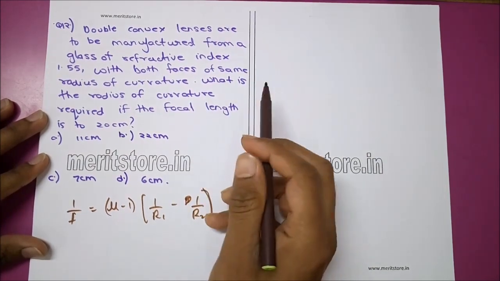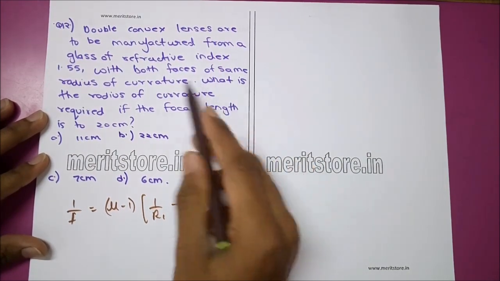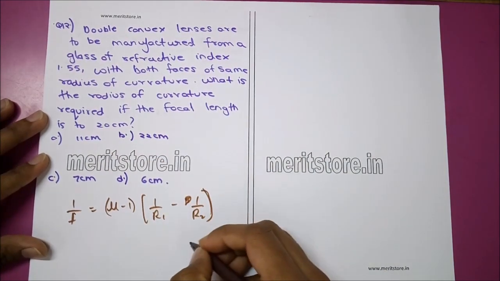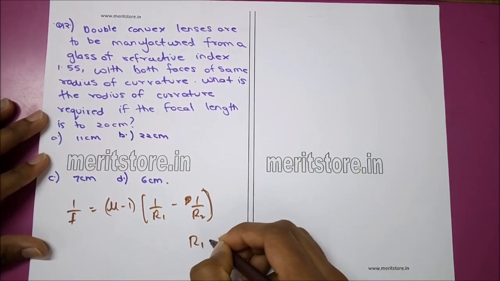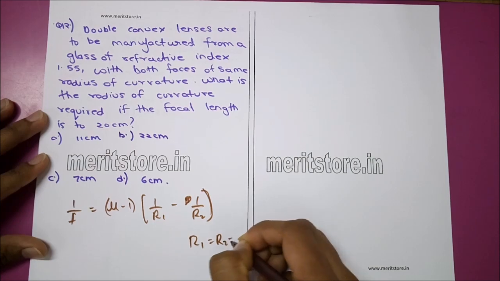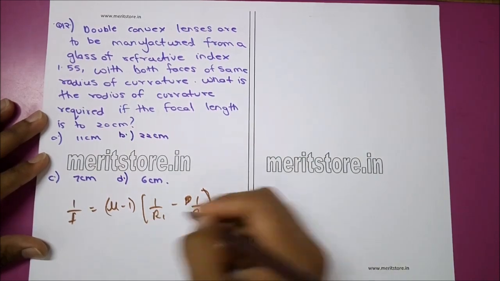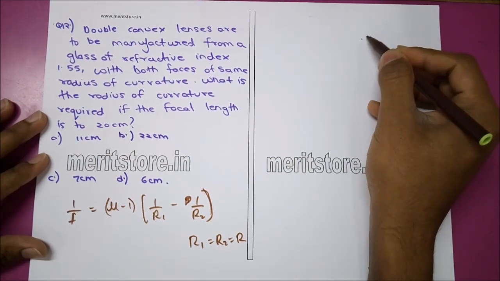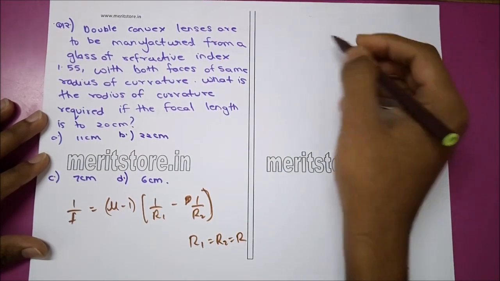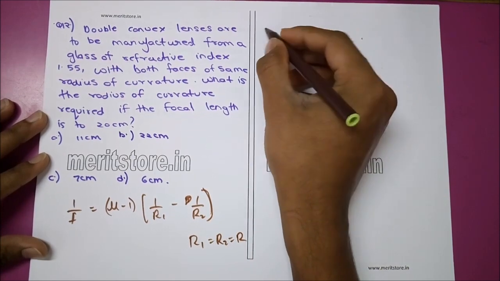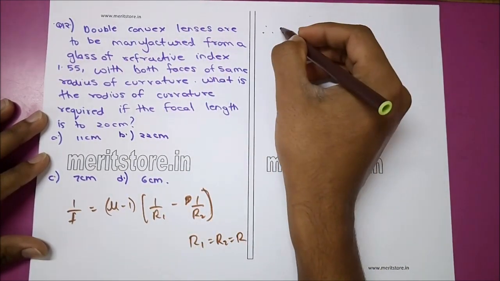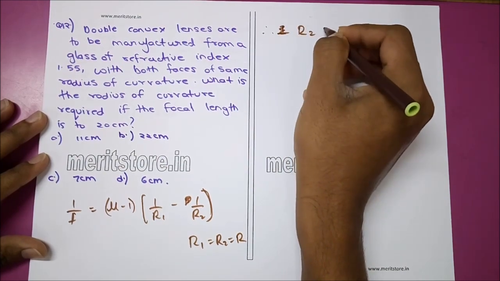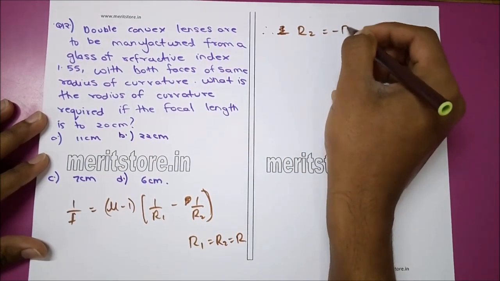Now since it's given that both the surfaces have the same radius of curvature, so r1 and r2 can be assumed to be a value r. Now r1 is the object distance and r2 is the image distance. Now one of them has to be negative, so r2 is nothing but minus r.